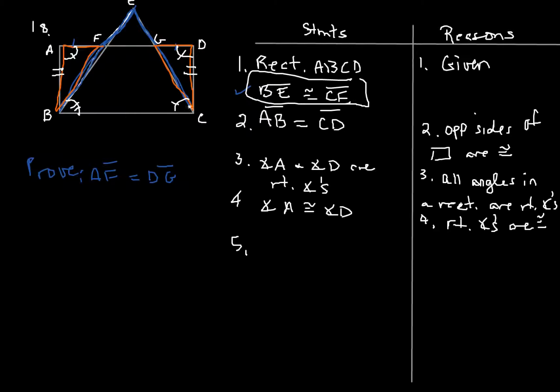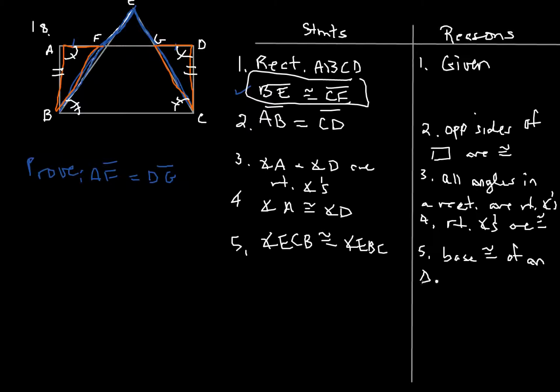Let me put another slash there. So we would say angle ECB is congruent to angle EBC, because base angles of an isosceles triangle are congruent.